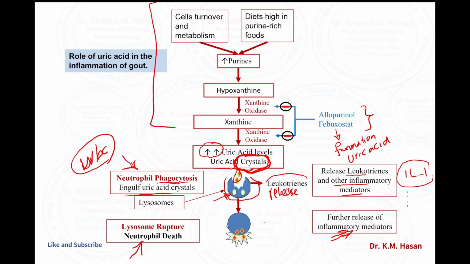You can see here we have death and rupture of the lysosome, and release of more mediators, causing acute inflammation. So all these present the process of uric acid, the process of crystal formation, and the process of acute inflammation response.